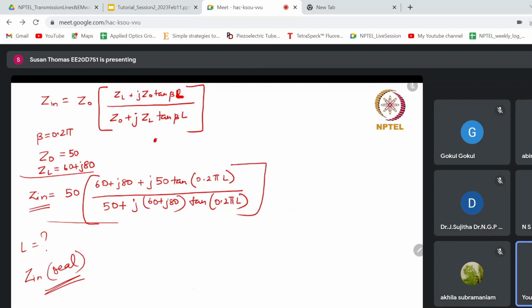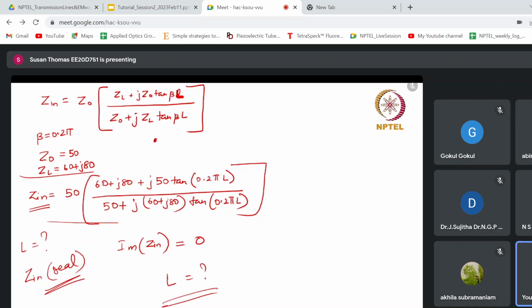So how do we do that? Take the imaginary part of this Zin, equate it to 0. Once you equate that to 0, you will get L. So that is the clue to this question. Can you all try this out and find out what is L?